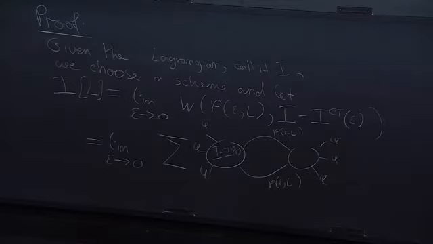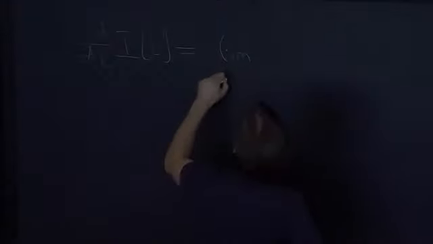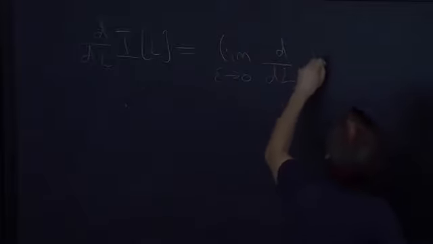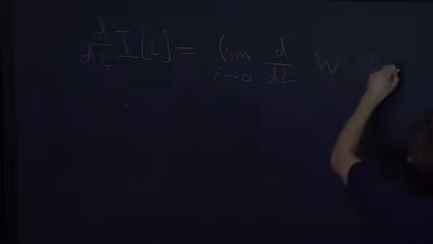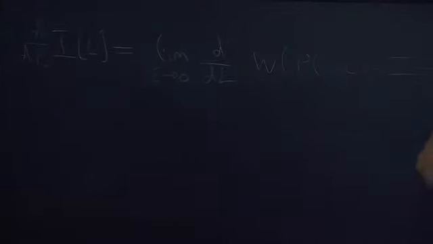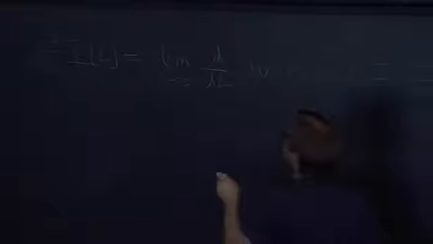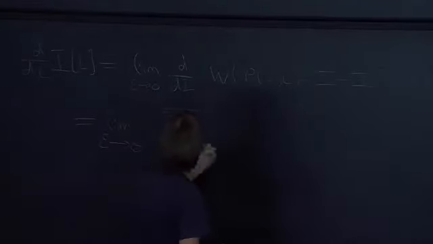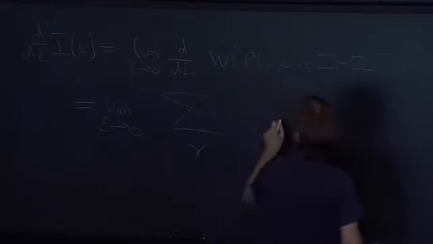So let's check that this satisfies the infinitesimal RG equation. So d by dL of I of L is the limit as epsilon goes to 0 of d by dL of the sum over graphs. I'll just sketch it out diagrammatically.